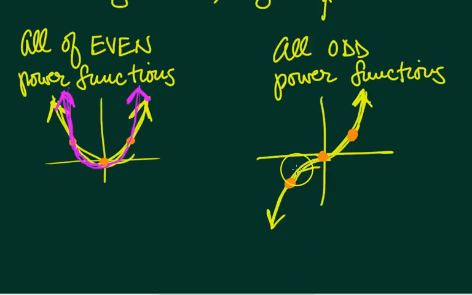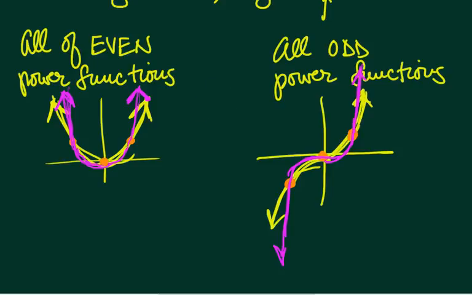Okay, and x to the fifth, similarly, is a little closer to the horizontal axis between x equals 0 and x equals 1, positive or negative, and then farther from the horizontal axis for other powers, but it still looks fundamentally like x to the third.